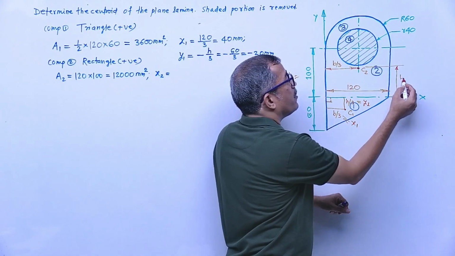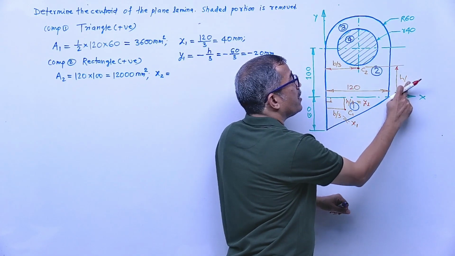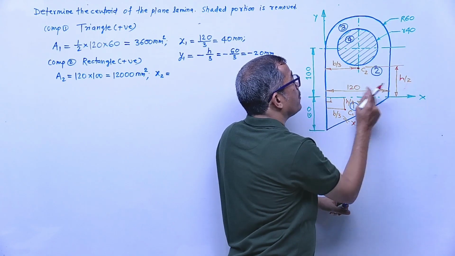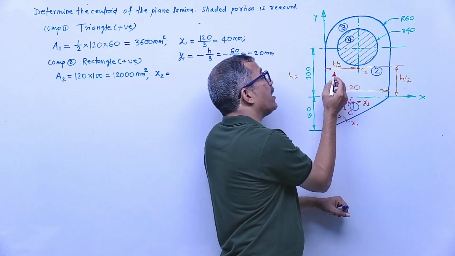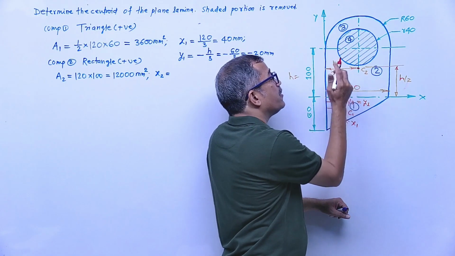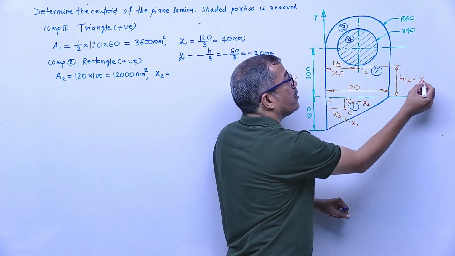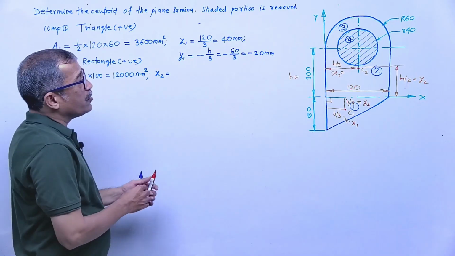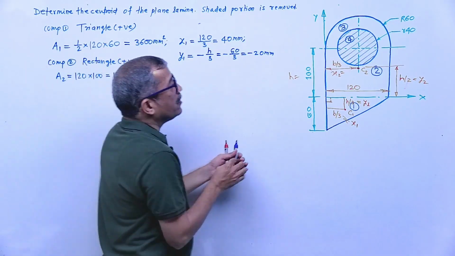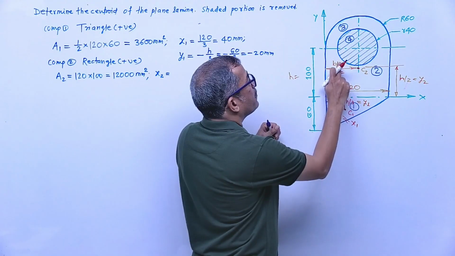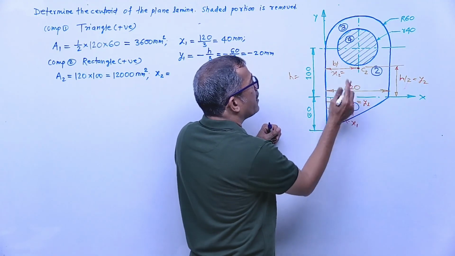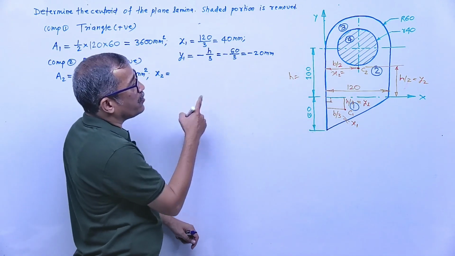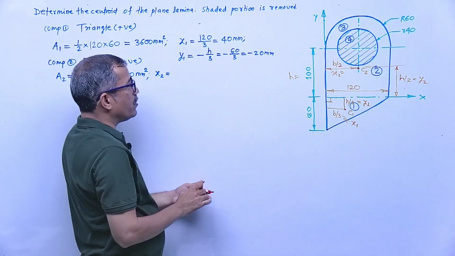So this will be H by 2. Now the base is 120. So this will be your x2, right? And this will become y2, because for the second component we are finding x2 and y2. So x2 becomes what? This is not b by 3, that is for the triangle. This is half, base's half and height's half. So x2 becomes b by 2, b by 2 means 120 by 2.